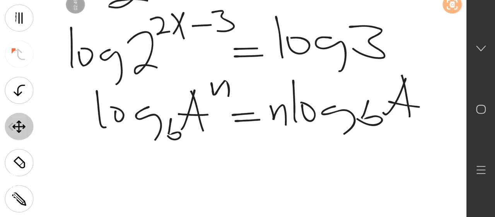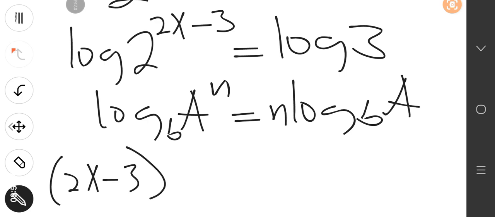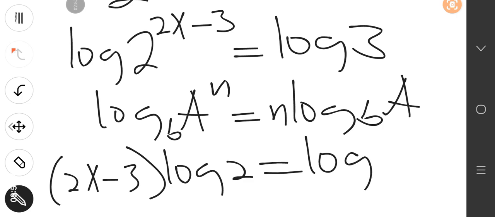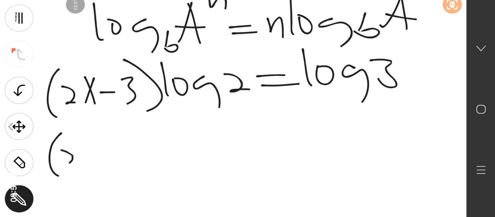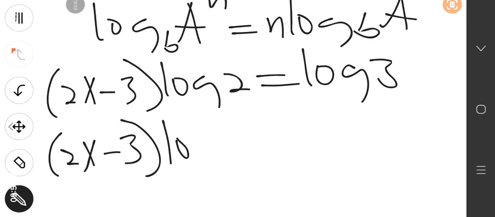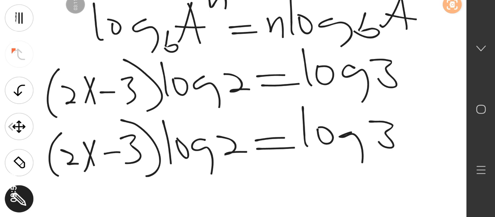So this gives us (2x minus 3) log 2 equals log 3.